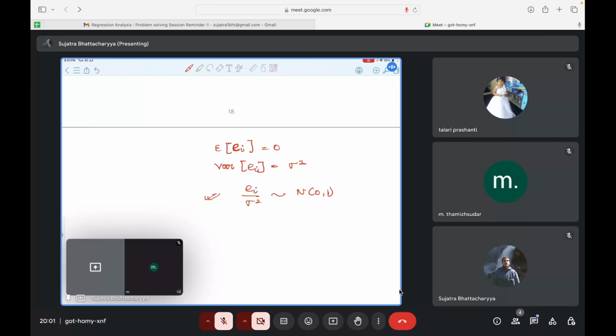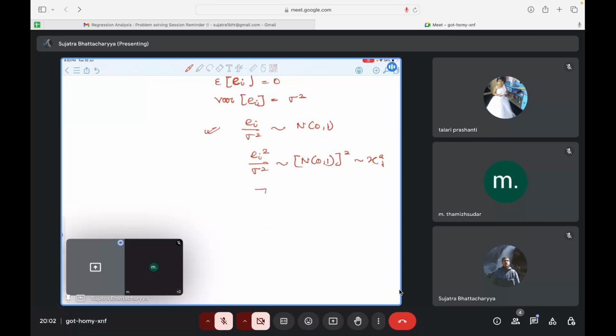Just look into it because if you go to the lecture notes, the lectures there on NPTEL, you will be able to understand this. Okay. So now, if I do e square by sigma square, it becomes normal 0, 1 whole square, which is nothing but chi square 1. I have already told you normal 0, 1 square is chi square 1.